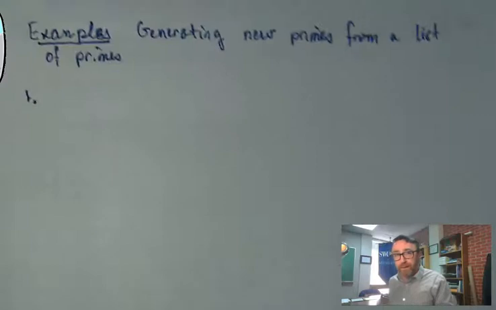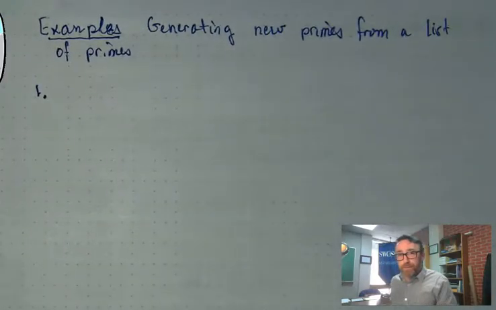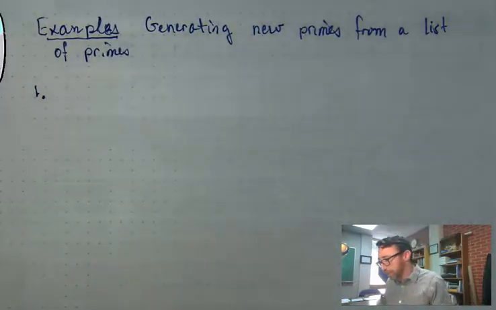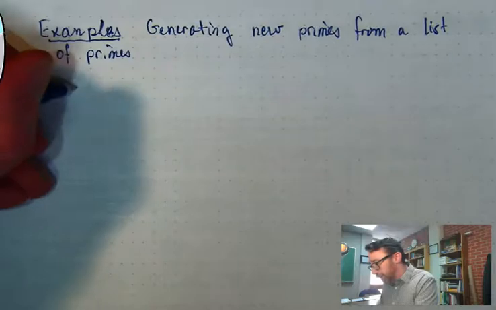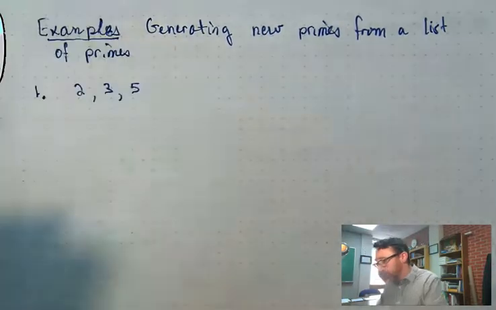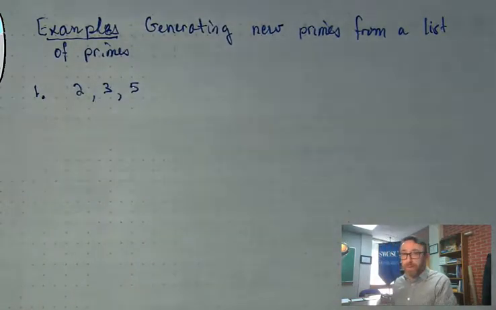Okay, here's a little thing I would like to do. I'd like to look at a way to use the method in that proof to take a list of primes and generate some new primes. So let me take some primes that I know, 2, 3, and 5. Let's just pretend those are all the primes that we know.